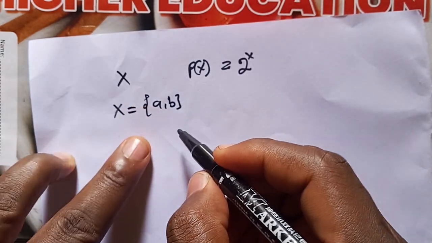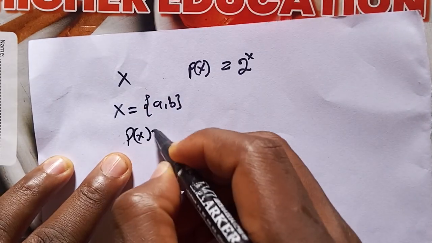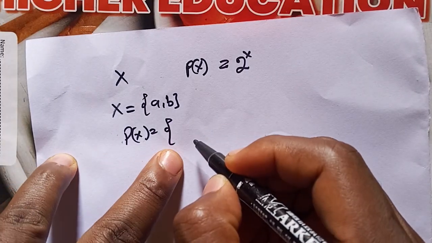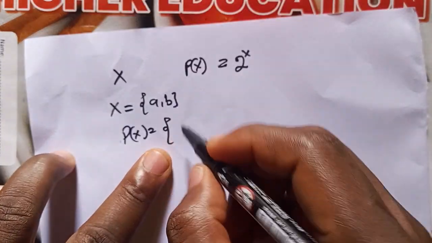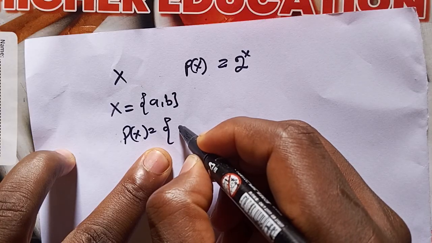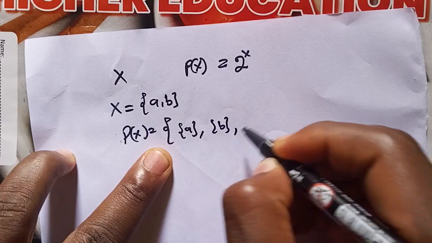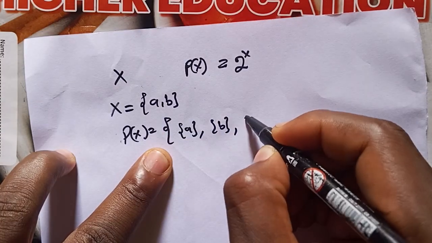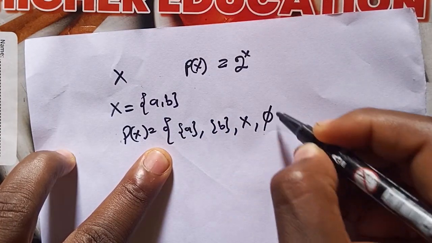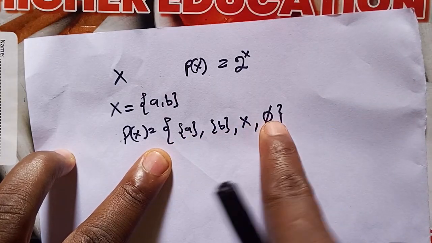The power set of the set {A, B} is simply the collection, or the set, of all subsets of this set X. So we have the singleton {A}, the singleton {B}, the whole set, and we also have the empty set. Of course, this is the power set.